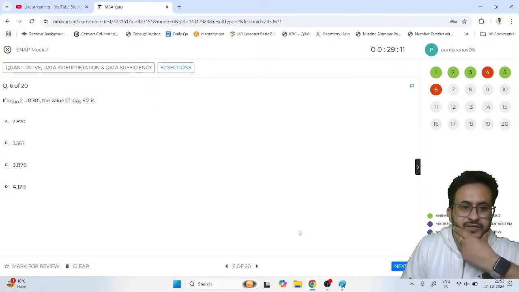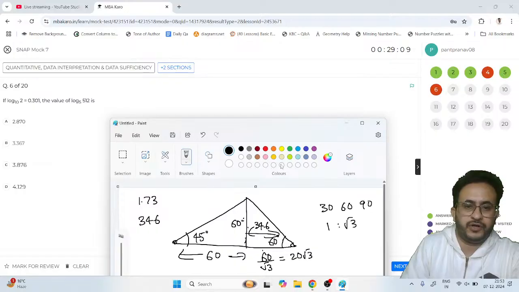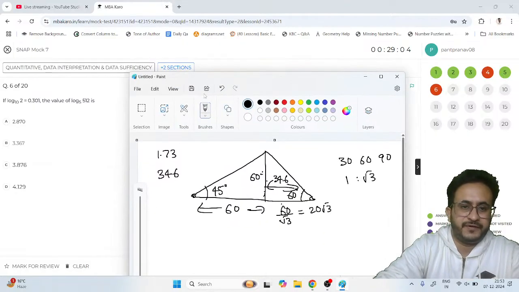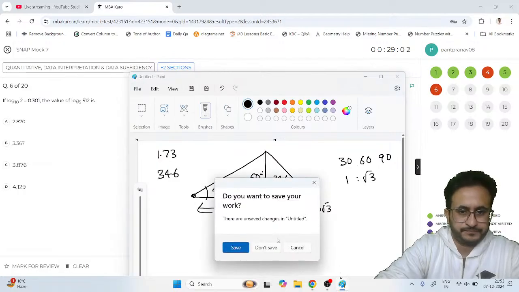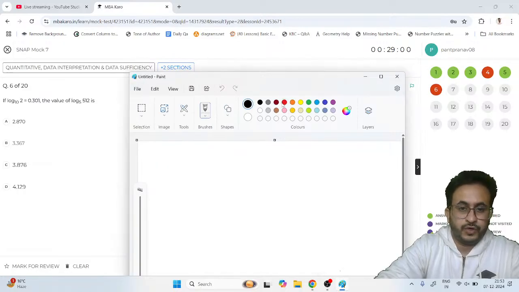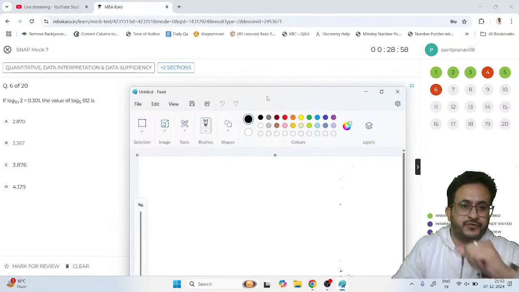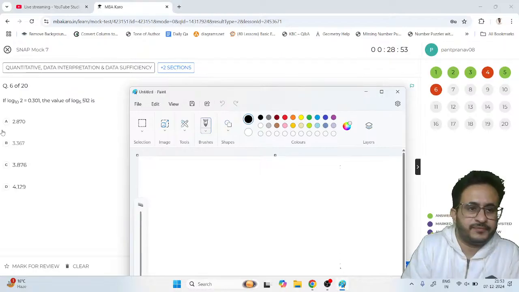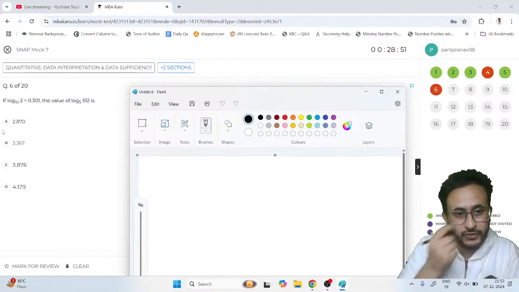Okay, log 2 is given to us. We need to find log 5 of 512. Now how to find log 5 of 512? So first of all, log 2 is given to us, right?